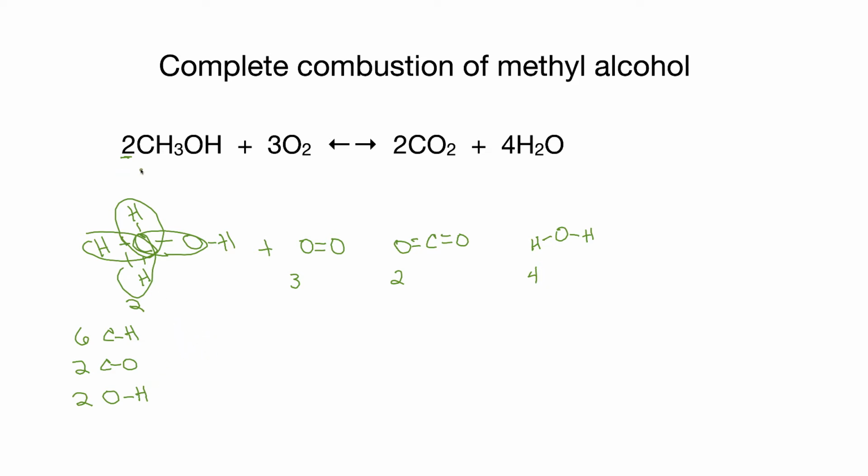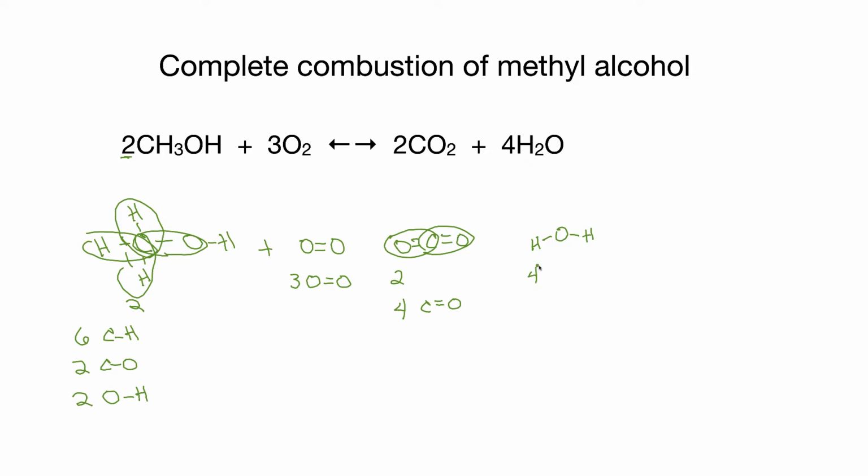Okay, so those are all the ones for the methyl alcohol. O2, we have 3 of these. These are pretty easy. On this one here, we have 2, so there's a double bonded carbon oxygen there and another one there. We have 2 of them, so that means there's a total of 4 C double bond O. Okay, and I didn't write it here, but we have 3 of these double bond O's.